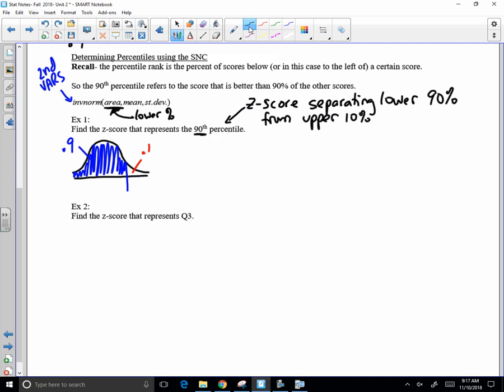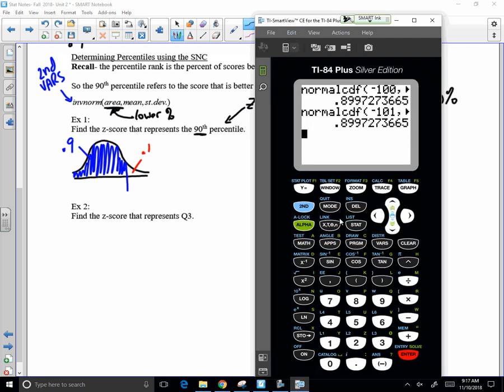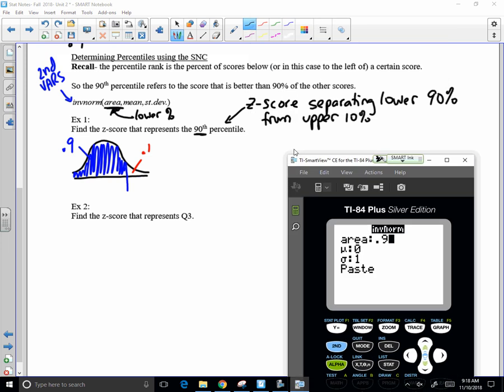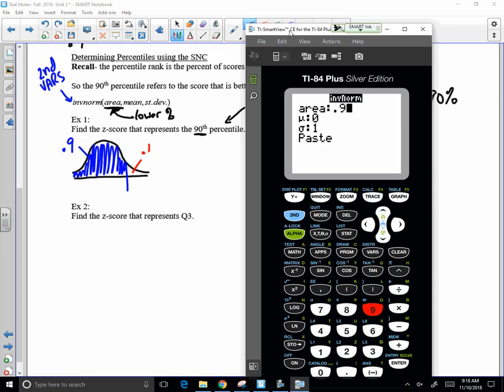So what I would do is break out the old calculator, hit second bars, go to option 3, inv norm. The area associated with the lower percent is 0.9. Then the mean and standard deviation. We're still talking about the standard normal curve. We'll focus on particular cases soon enough, but for now we're just focusing on cases where it's 0 and 1.